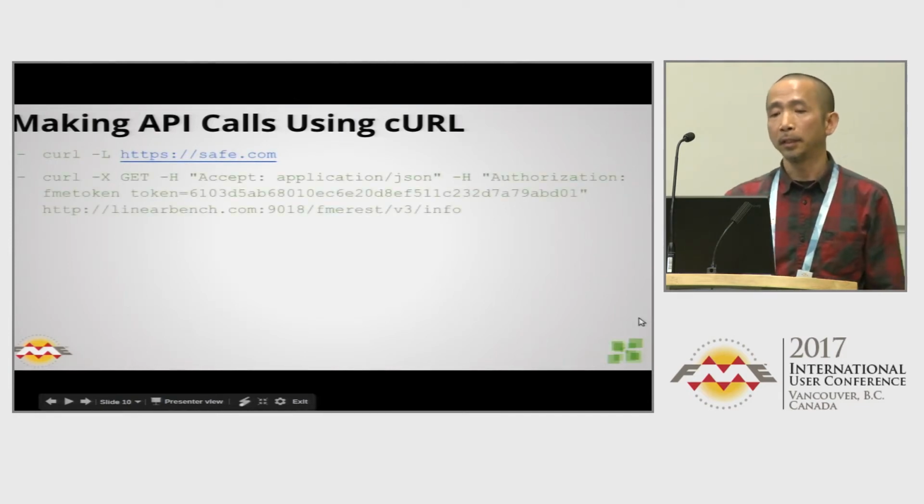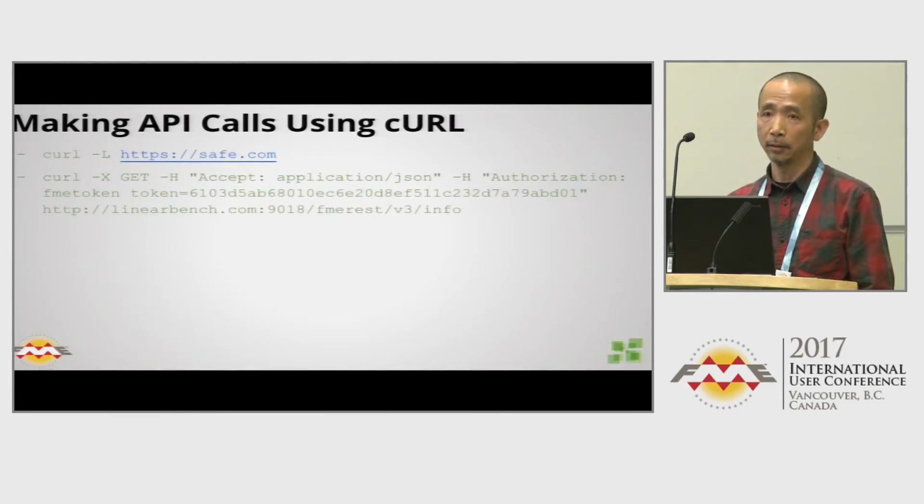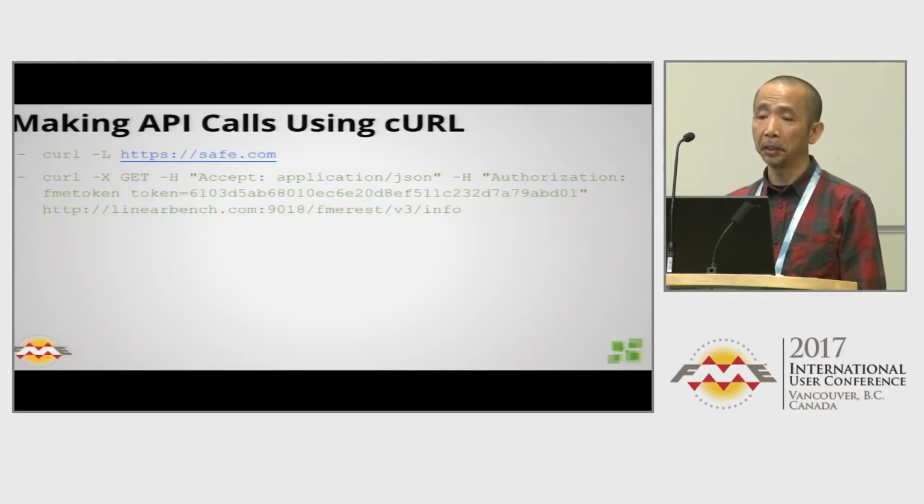And this is a GET method. So you identify a header with the token specification, then this is your URL. Say, I would like to know the basic information for this web service call.